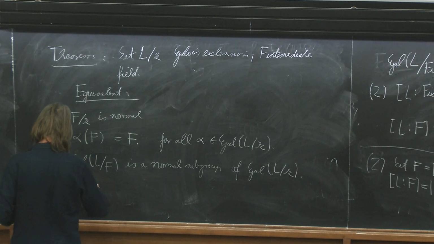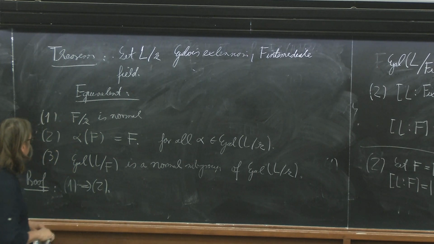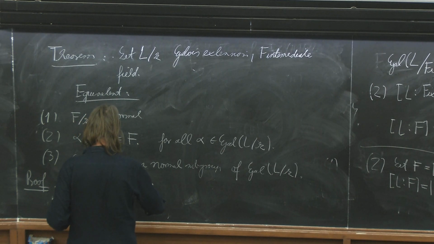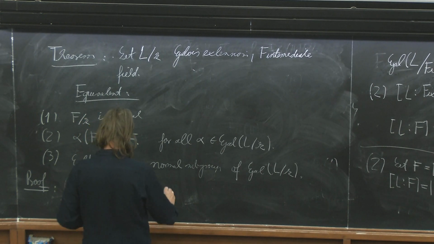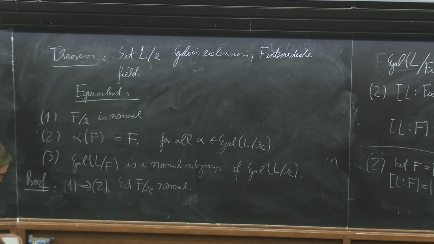So we first do 1 implies 2. So we assume that F over K is normal, and we want to show that this is true.